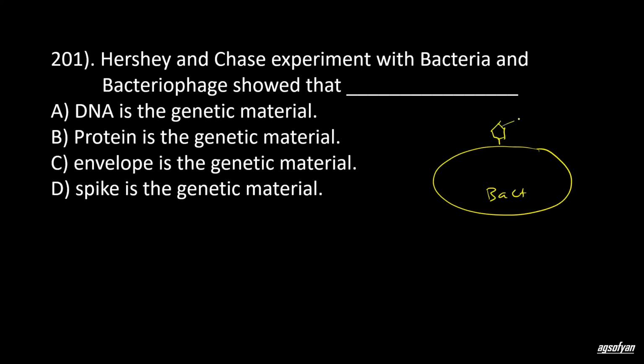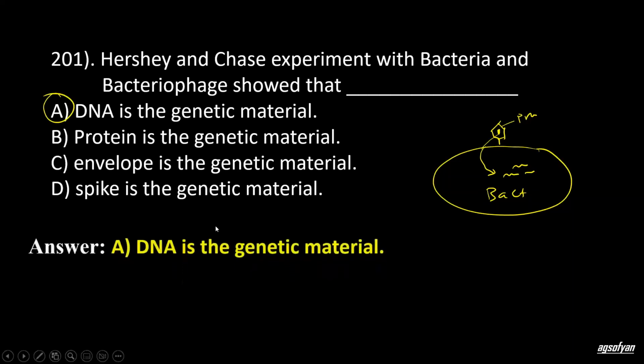This virus has capsid, which is protein, and nucleic acid, which is DNA. According to that result, the DNA is actually the one that enters into the bacteria and duplicates inside the bacterial cell. So this shows that DNA is the genetic material.